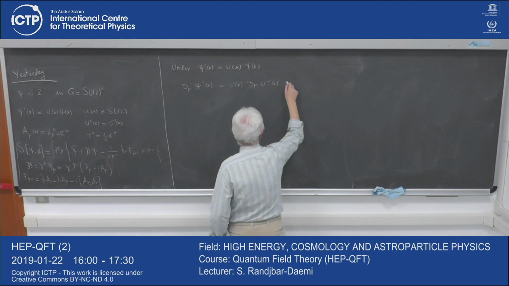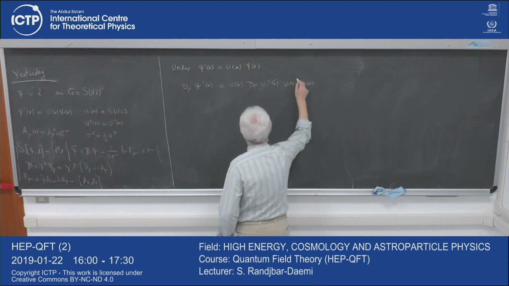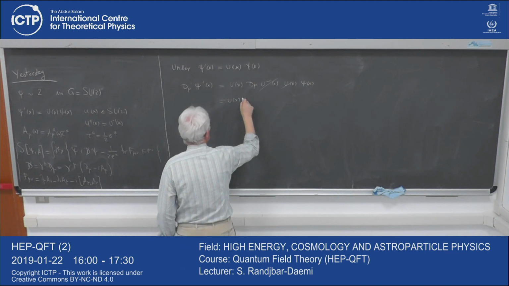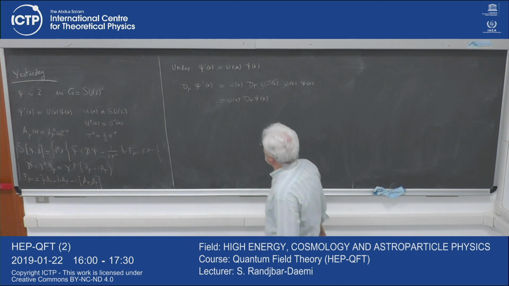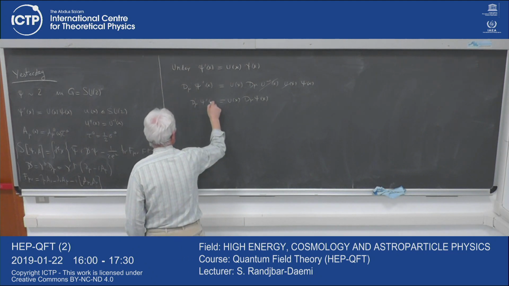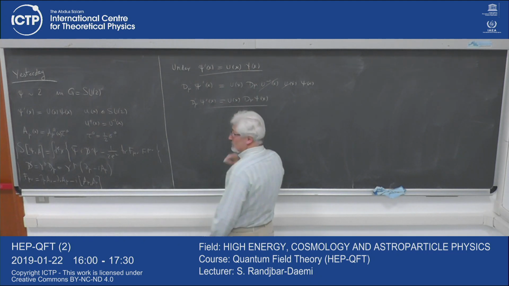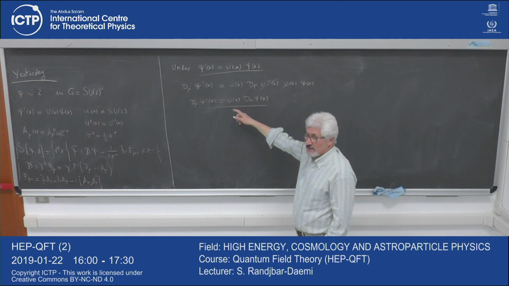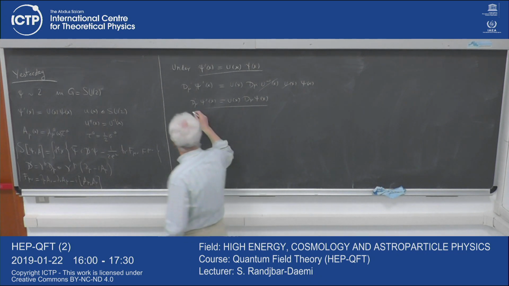Psi prime becomes, of course, u psi. So these u inverse and u cancel out, and you get U(x) d mu psi(x). So you see that the derivative transforms exactly in the same way. That's the way psi transforms, and derivative transforms precisely in a similar way. Both of them get multiplied by U(x). Okay? For that reason, this derivative is called covariant derivative.